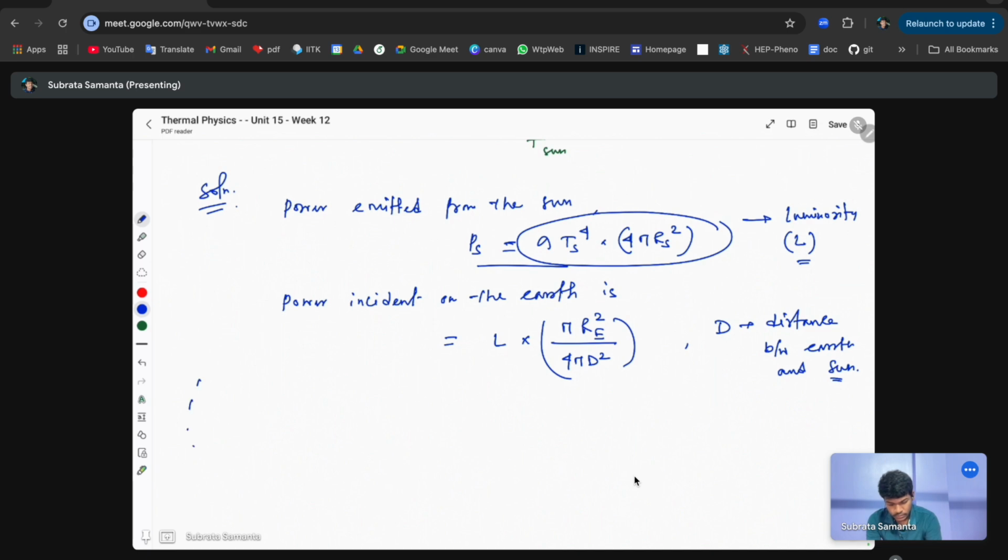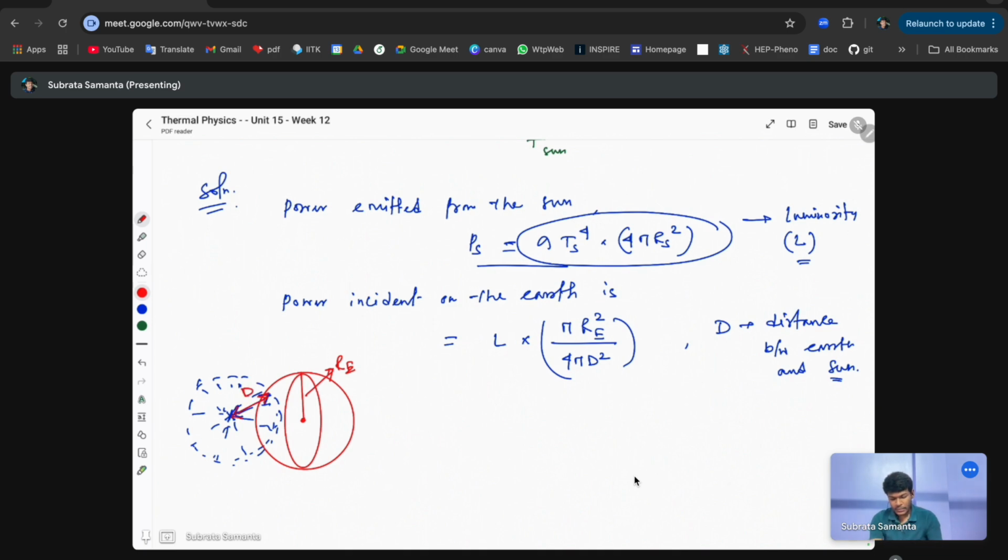This is your sun, a spherical object, and this is its radius. If we also draw the earth with its radius re, the distance between earth and sun is d.